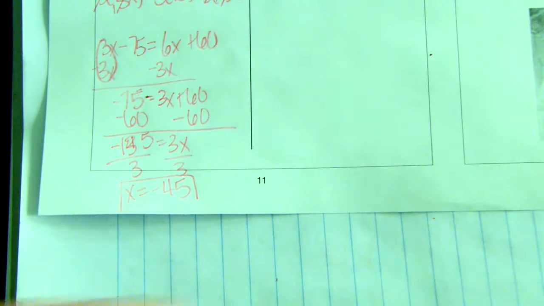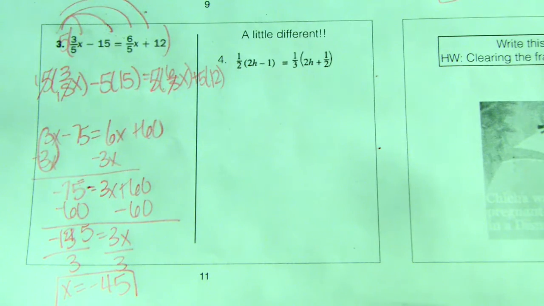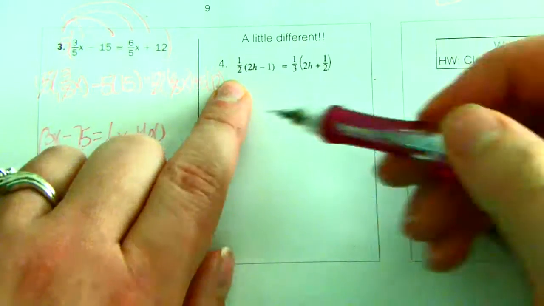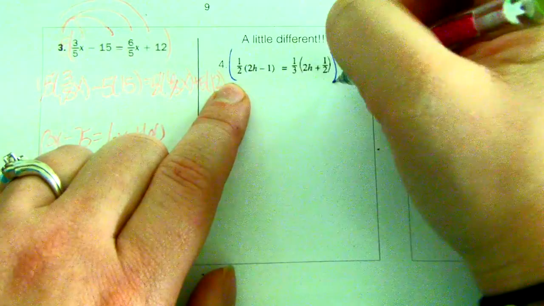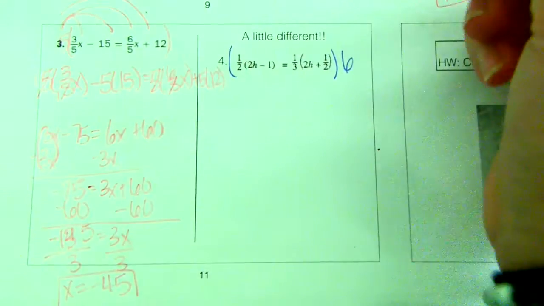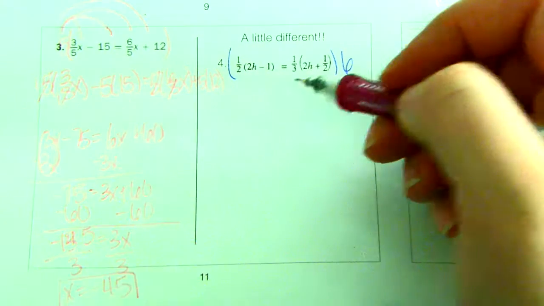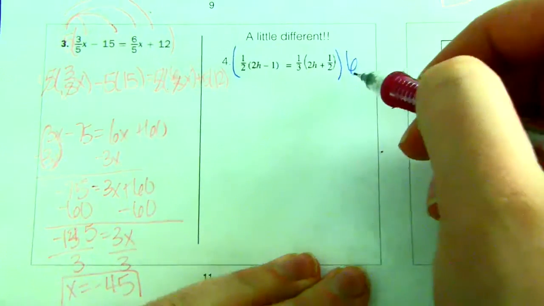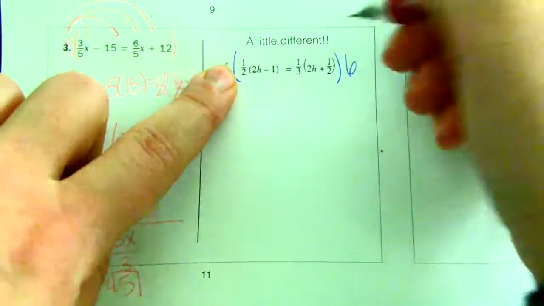Okay, the next problem is a little bit different. You see some sets of parentheses. So if we look at the 3 and the 2, that tells us that the common denominator is 6. So if you think of these parentheses, these are kind of protecting what's inside. So we cannot multiply the 6 by the protected number. We can only multiply the 6 by the outside number.